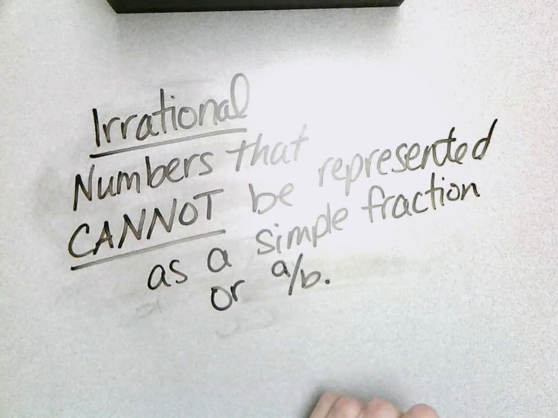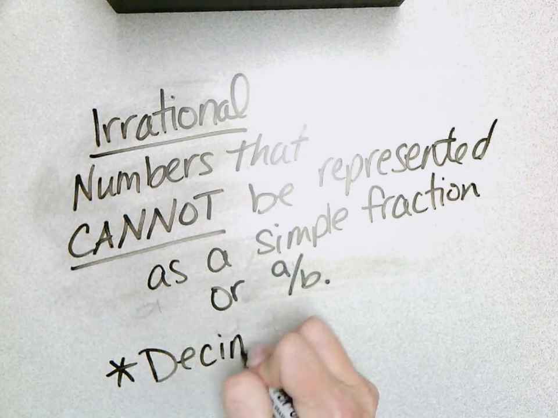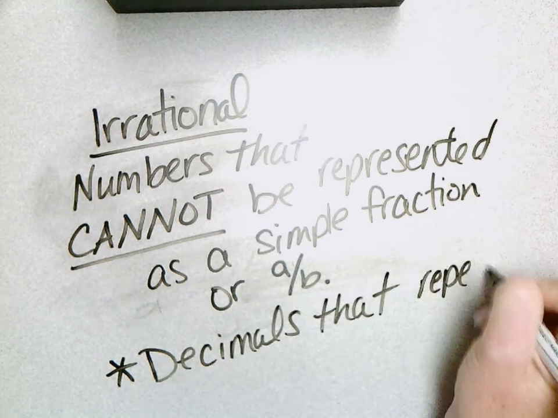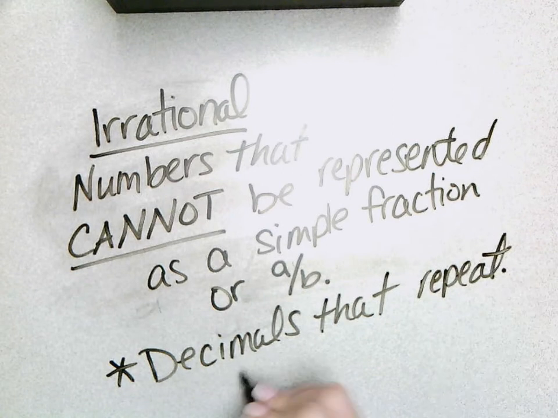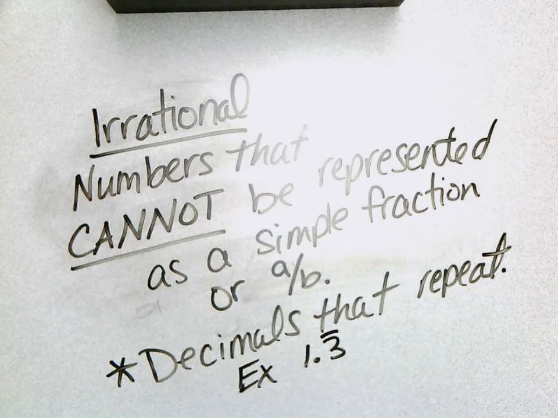So this would be things like decimals that repeat. So that is something like 1.3 with the bar on it, because that means that 3 just keeps on going.